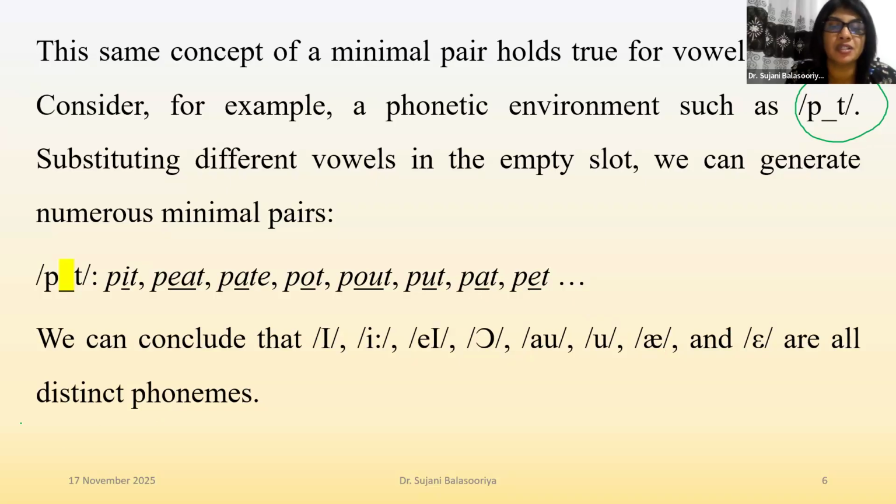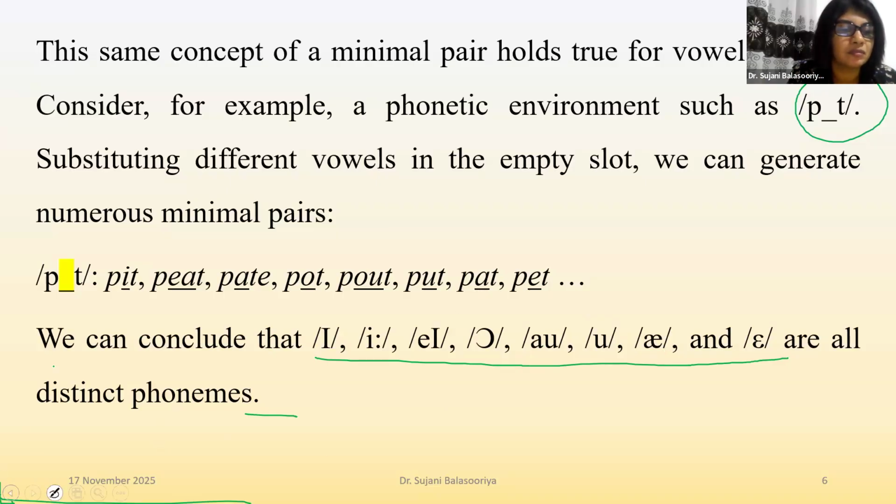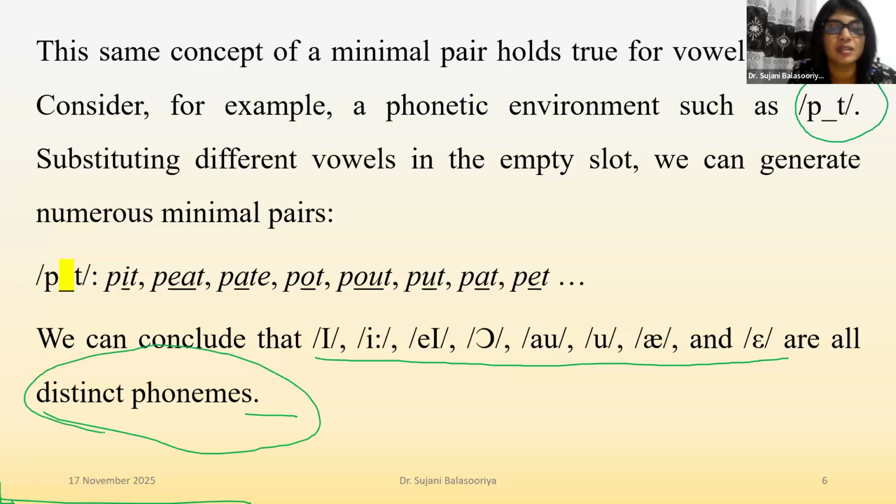So what is our conclusion? All these vowels, right? All these vowels are distinct phonemes, because each vowel sound has its own meaning. And that is why the meaning of the word completely changes when we replace one vowel with another vowel. They are distinct phonemes. This is the point, right? Just like the consonants.